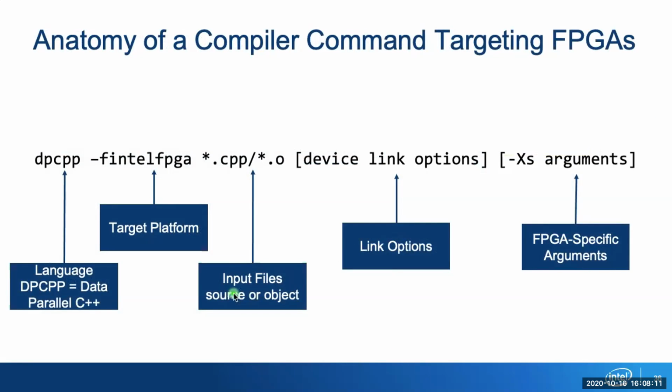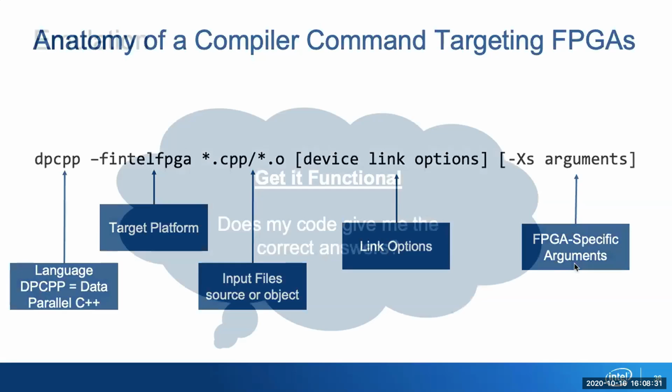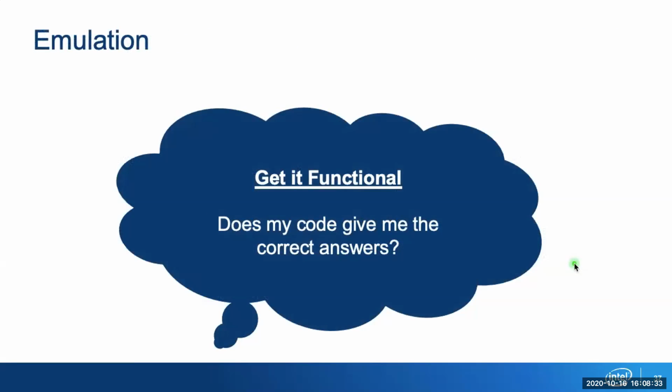The command is composed of the compiler, of course, the target platform, the files that you want to compile, link options, and specific FPGA arguments. Emulation answers this question: does my code give me the correct answers?